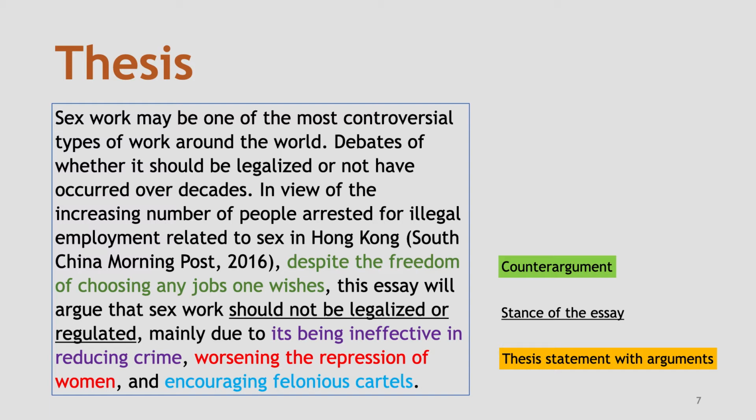In view of the increasing number of people arrested for illegal employment related to sex in Hong Kong, from the South China Morning Post 2016, despite the freedom of choosing any jobs one wishes, this essay will argue that sex work should not be legalized or regulated, mainly due to its being ineffective in reducing crime, worsening the repression of women, and encouraging felonious cartels.